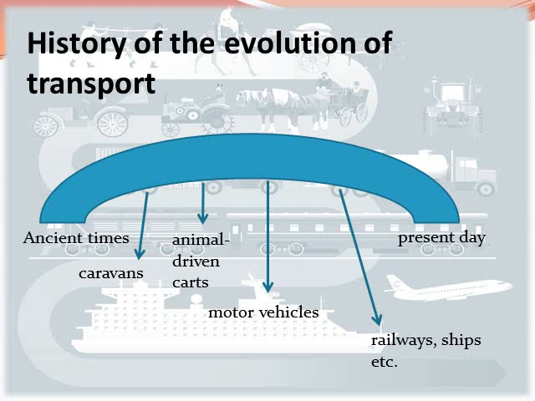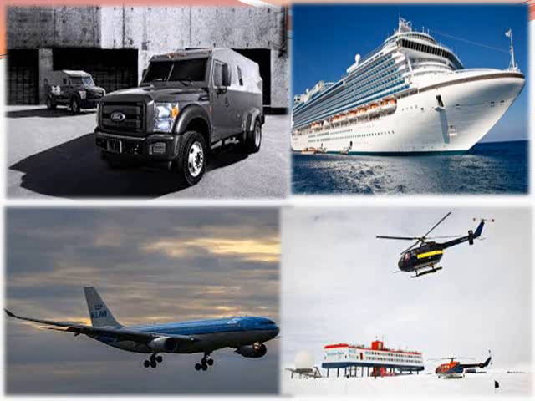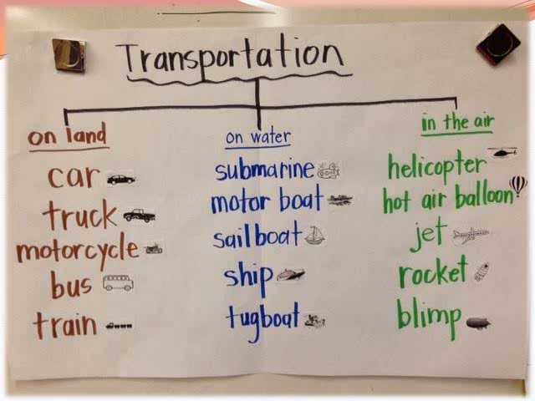Alright, these are the pictures of means of transport, in which you can see the caravan, animal-driven cart, railway, bicycle, then the means of transport developed, and here we have cars, ships, aeroplane, helicopter, etc.